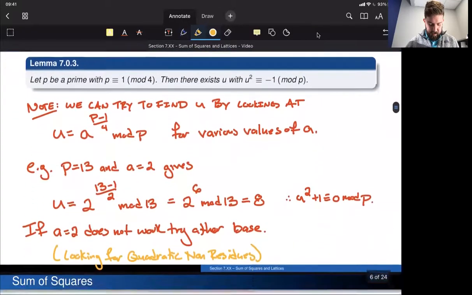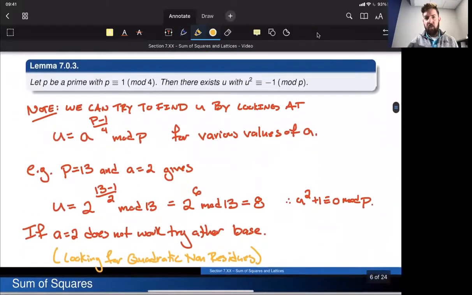Officially, there are some ways that we can try to find some of these things. The expression that we're going to be studying is something like this. We're going to feed in various bases, and raise them to nice little exponents, and the hope is that this thing is going to be one of these square roots of -1. The A value is the thing that we might have to cycle through and test.